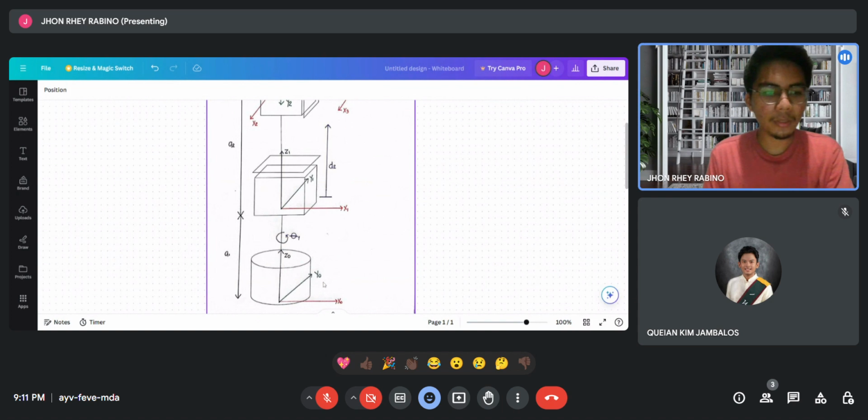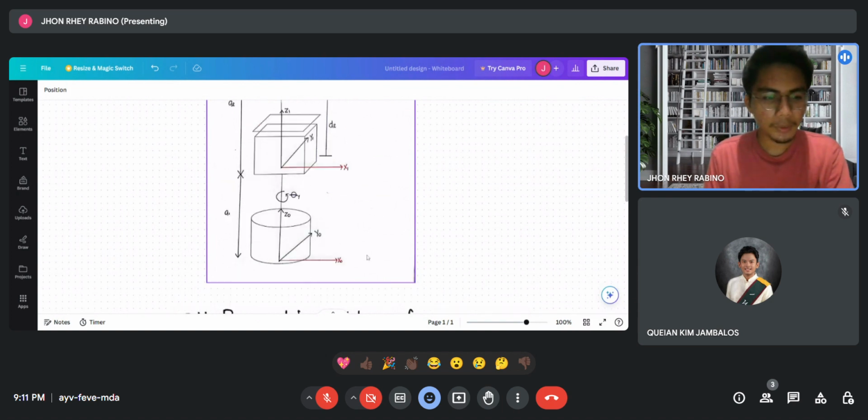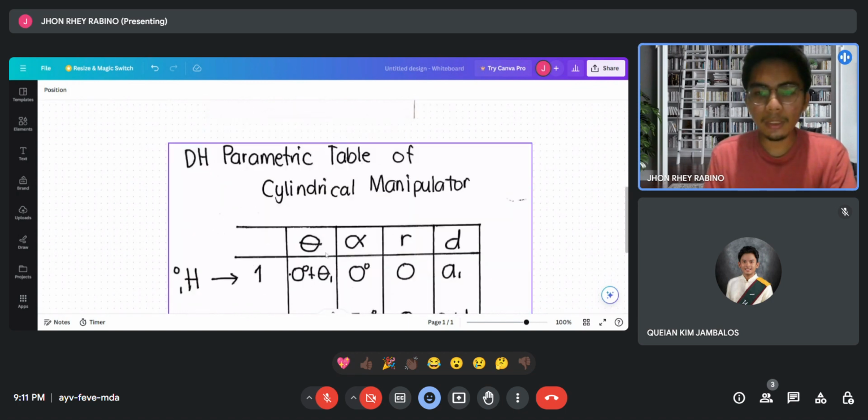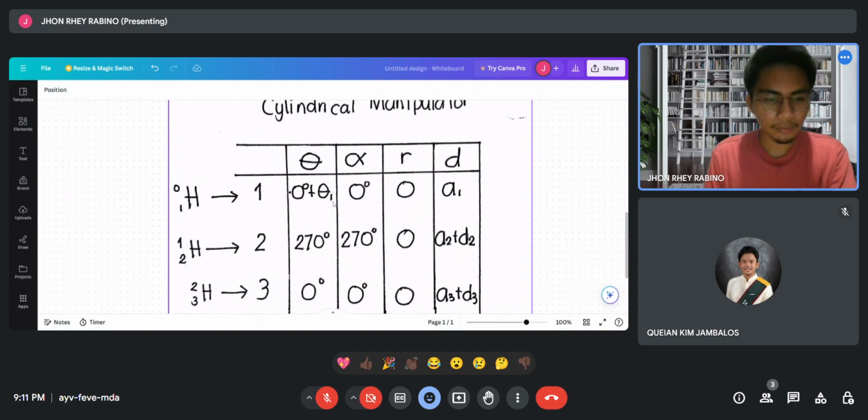The theta is the required rotation to align the path of x sub 0 to the path of x sub 1. But they are already at the same root, so for our theta, here is 0 degrees plus theta 1.